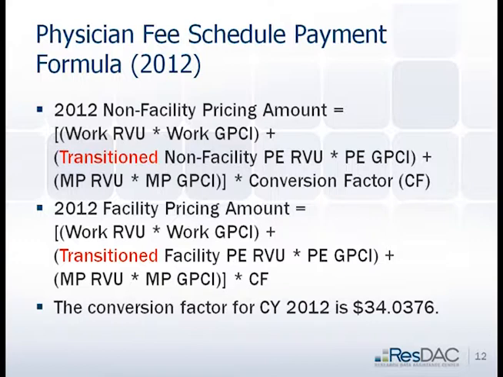2012, they were still looking at an RVU for the non-facility practice expense that they transitioned over 4 years. Fiscal year 2013, it'll now be a full price that they'll be paying times the PE, the practice expense, GPCI. You add that to the malpractice RVU times the malpractice GPCI, and then they always have a conversion factor. That conversion factor is kind of equivalent to a DRG weight.